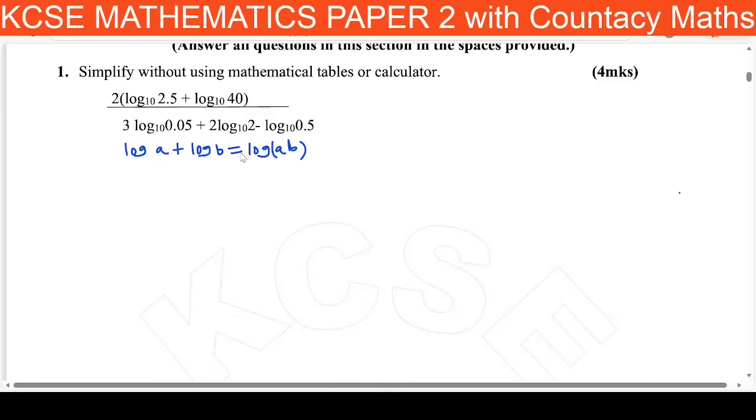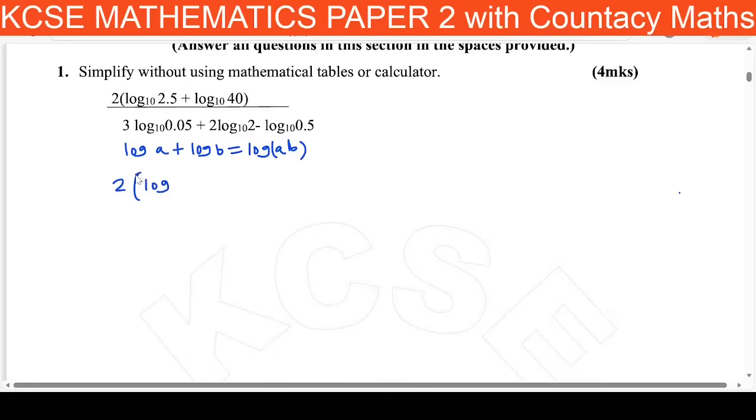Once we apply this law, what you're going to get here is 2 into brackets. And here is an important thing to know: when the base of a logarithm is 10, you can simply write it without the base, because by default the logarithm is to base 10 when it is not indicated. Therefore, you can go ahead and just write log without indicating that it is to base 10, because automatically it's going to be translated as such.